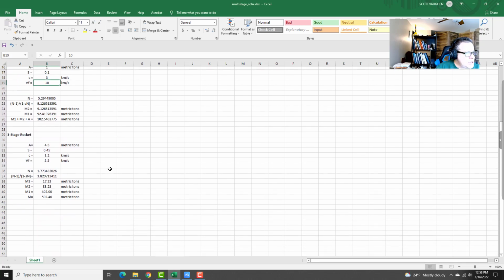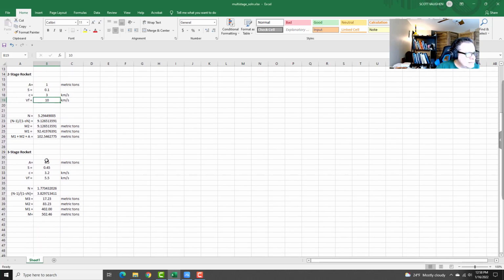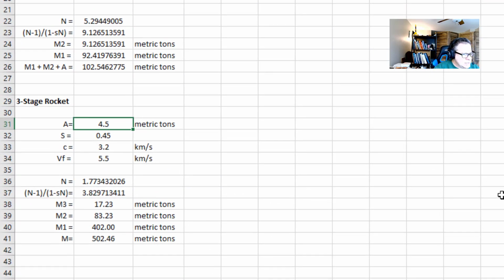So I have also on this Excel spreadsheet a section here where the formulas are already entered in for 3-stage rockets. I think the calculation that I'm doing here is for the 3-stage Acapella rocket in Kerbal Space Program. So for the actual Saturn V, let's put 50 metric tons.